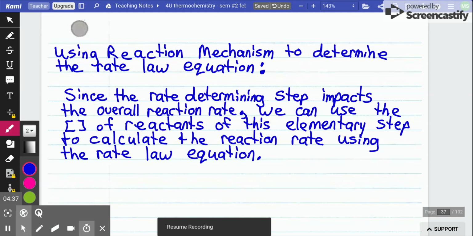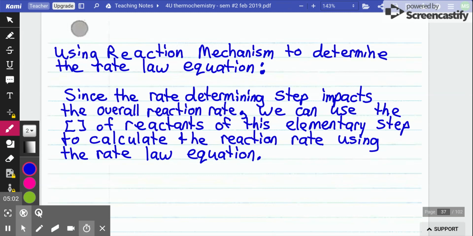The reason we want to look at a reaction mechanism is because you can use the reaction mechanism to determine the rate law equation. So instead of looking at data of various different trials in your reaction rate experiment, you can look at a reaction mechanism. It works because the rate determining step impacts the overall reaction rate.